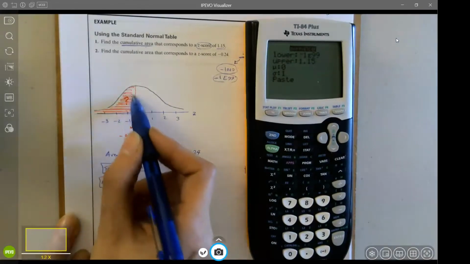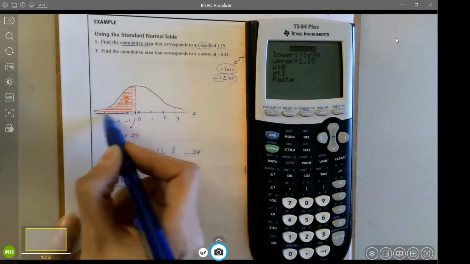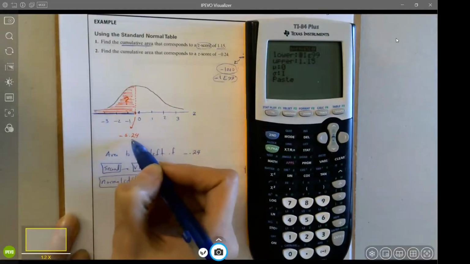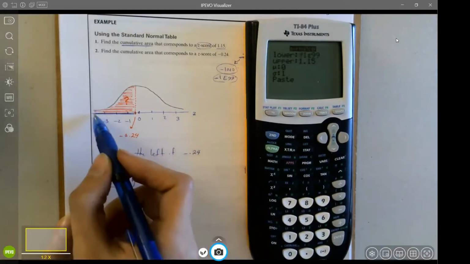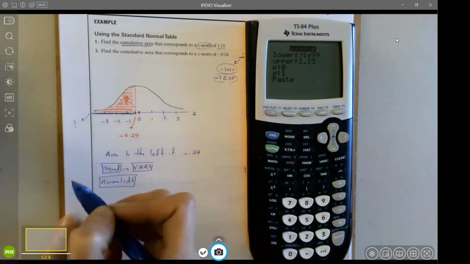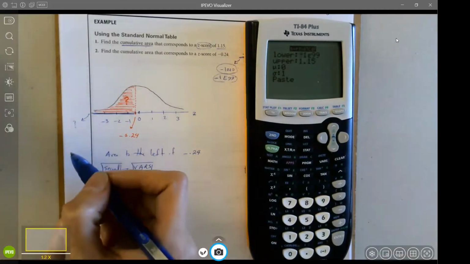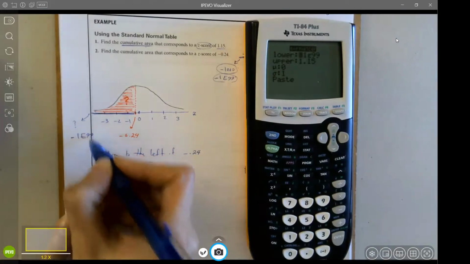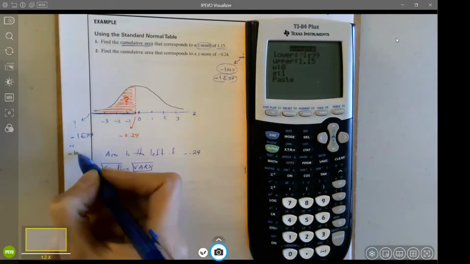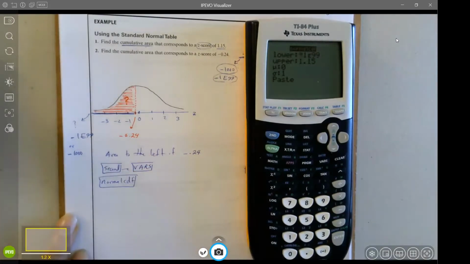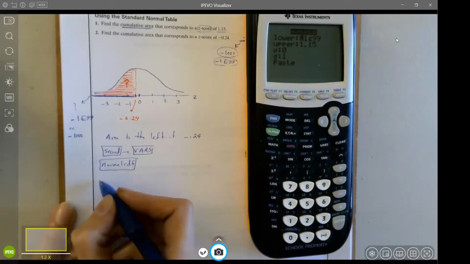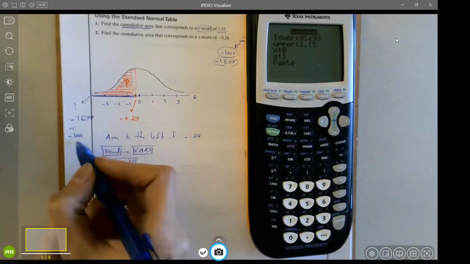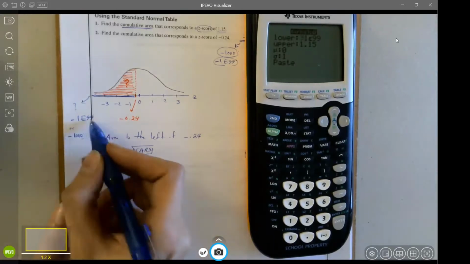We're looking for the area between these two numbers. I know the upper number is negative 0.24, but what is the lower number? You don't have the exact number. So you either use negative 1E99 or you can use negative 1,000, a very small number. So this is our lower bound.